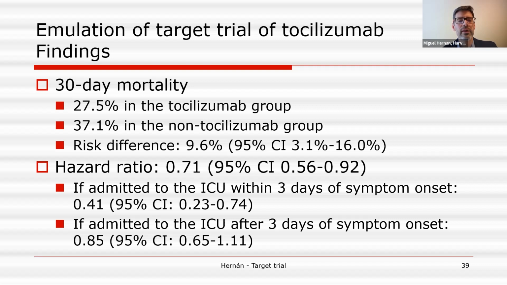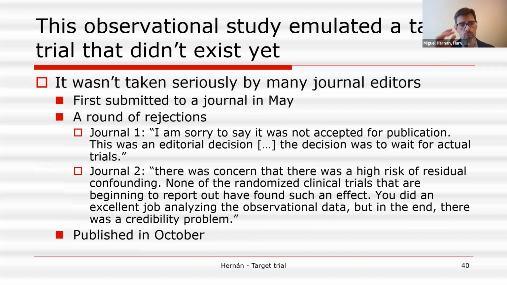There was a difference of almost 10 percentage points. The hazard ratio was 0.7, and the hazard ratio was even farther from 1 for people who had been admitted to the ICU recently. So apparently, a very strong effect of tocilizumab on mortality at a time when there are no known treatments. So what happened?